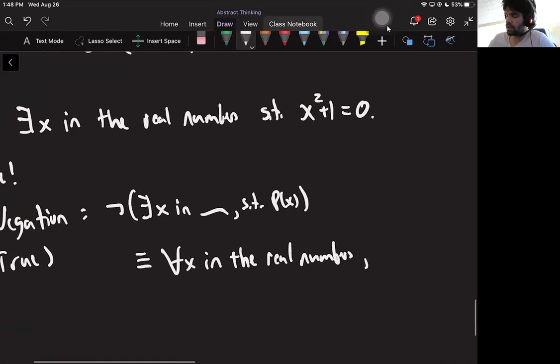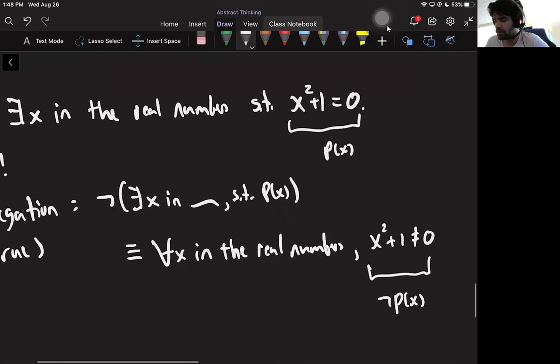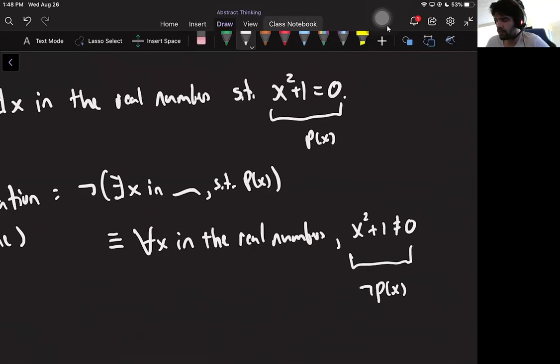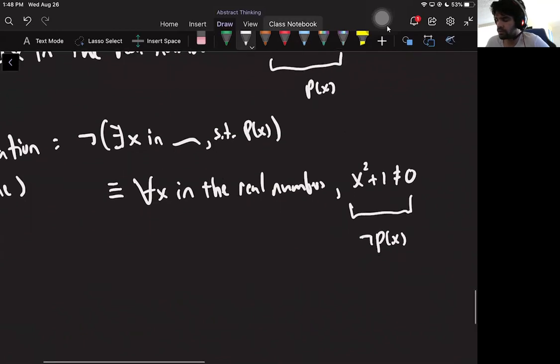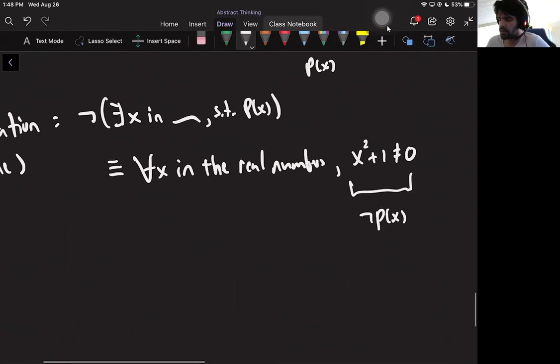And then you're going to negate the predicate by, instead of saying that it is equal to 0, saying that it's not equal. So then does this sound true to you? Because it should be true. Any real number that you plug into x squared plus 1, it'll never be 0. Yes, that's true, because you need the imaginary numbers to make that happen. So yes, that is true.